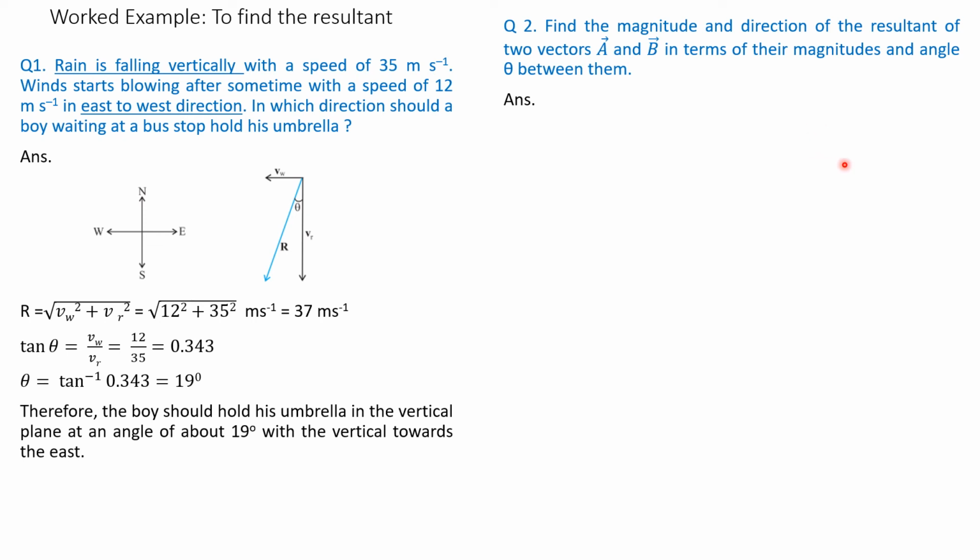Here, OP is the given vector A, OQ is the given vector B. So we have to find the resultant of vector A and vector B. These are placed as shown in the figure. Complete the parallelogram OQSP by drawing QS parallel to OP and PS parallel to OQ.